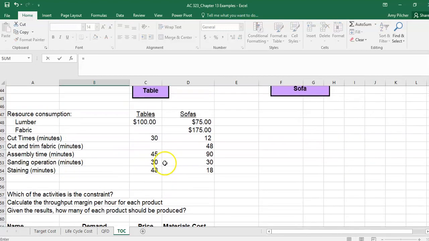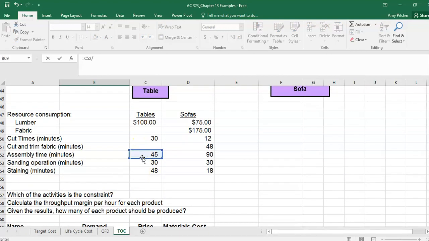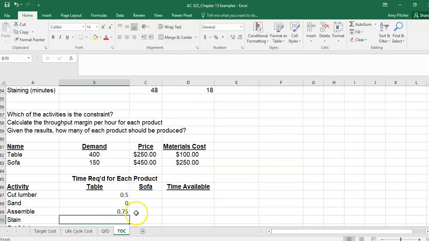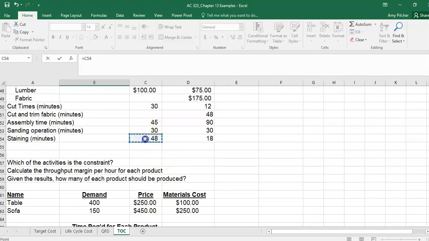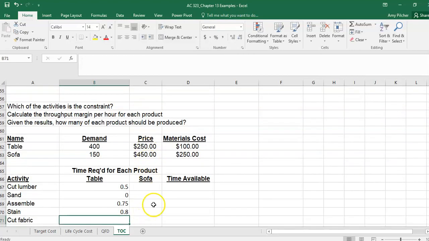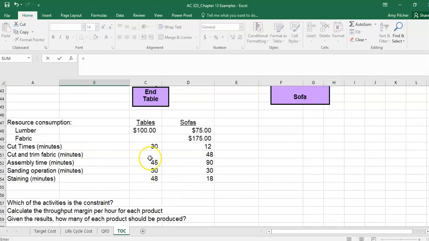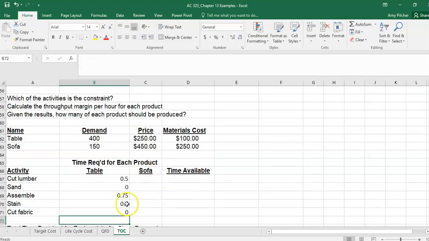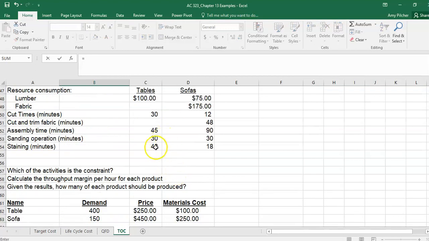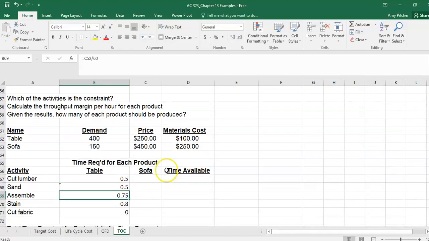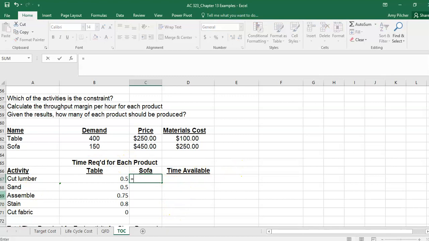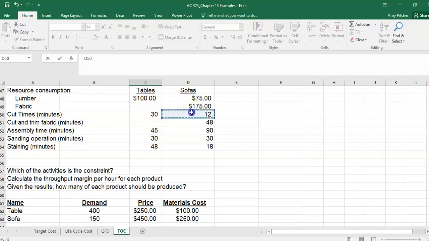And we do that for every item. Okay. So we have for the table how much time we have required. Now for the sofa, we do the same exact thing. How long does it take to cut lumber?